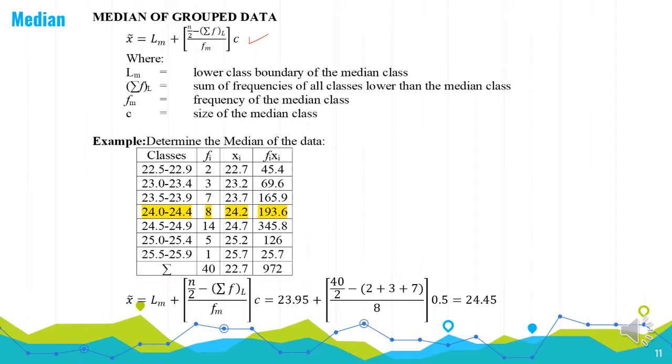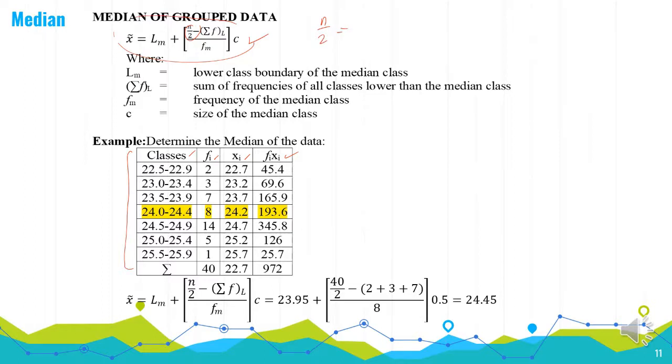Ang una mong gagawin, kung ito yung mga given, ang given kasi lagi dyan is classes, yung f, at saka yung x natin. Okay? So, actually, itong fx ay part ng computation ng mean natin eh. No? So, ang una mong gagawin, dito sa formula, ay hanapin yung n over 2. Lagi sa median, n over 2 kasi gitna.